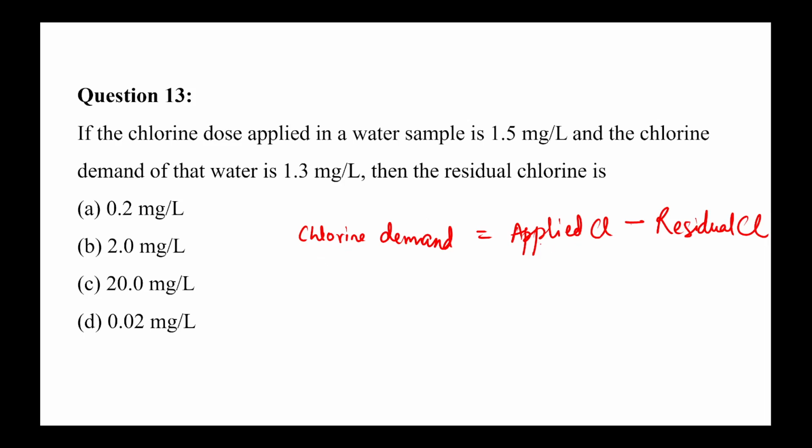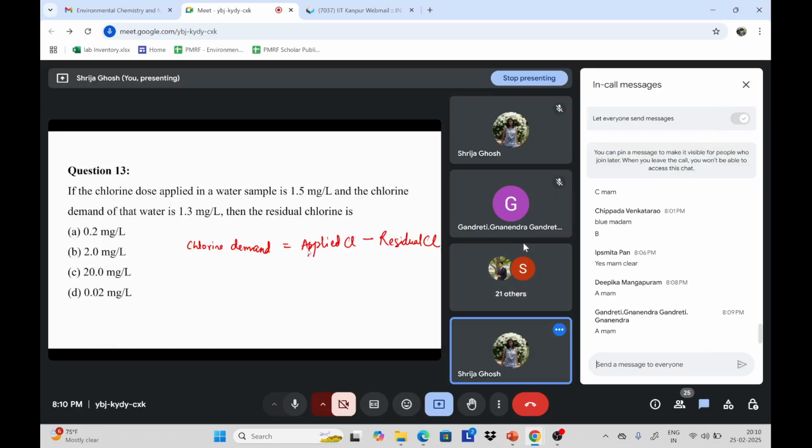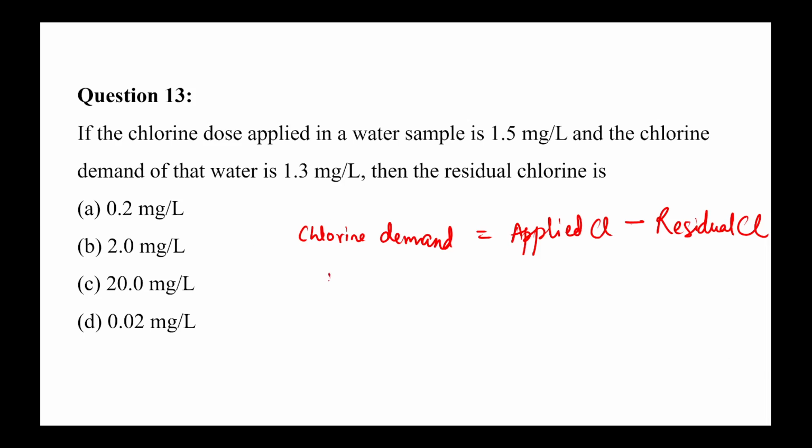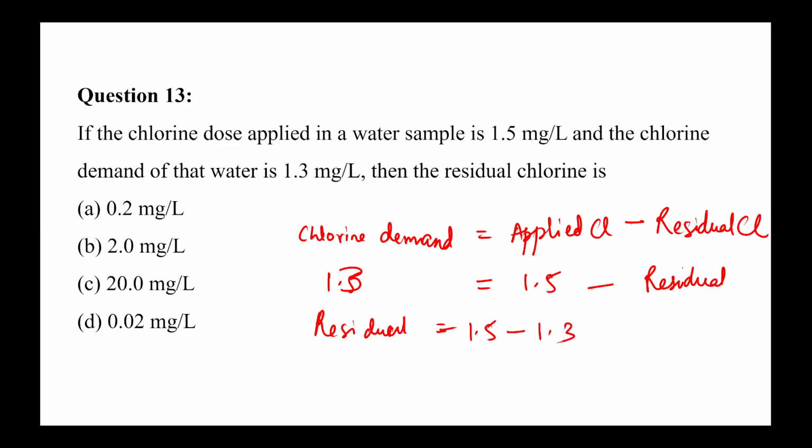You have the chlorine demand, you have the applied chlorine. Chlorine demand here is 1.3 mg per liter. Applied chlorine is 1.5 mg per liter, and residual is what we have to calculate. So residual will be equal to 1.5 minus 1.3, that is 0.2 mg per liter.